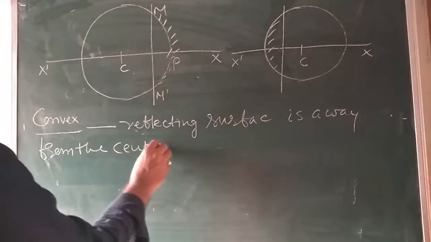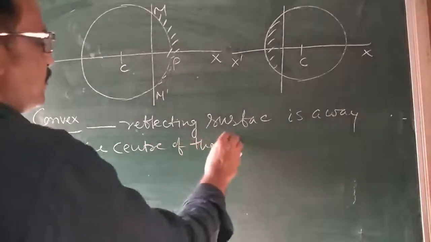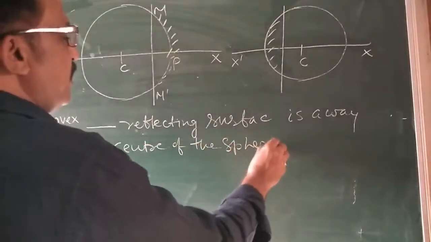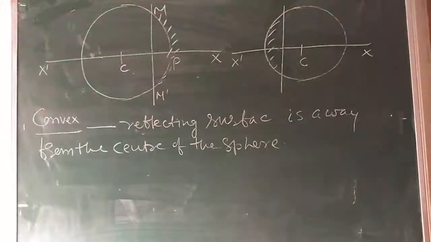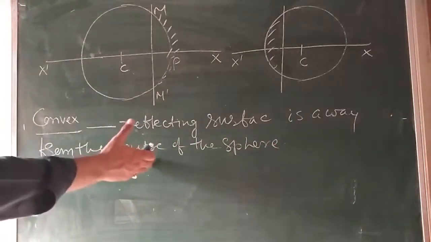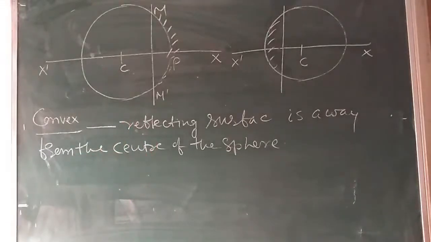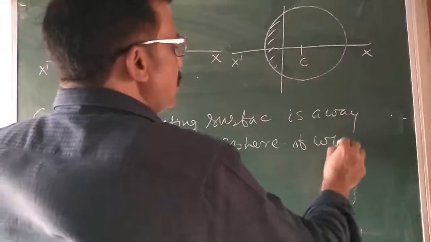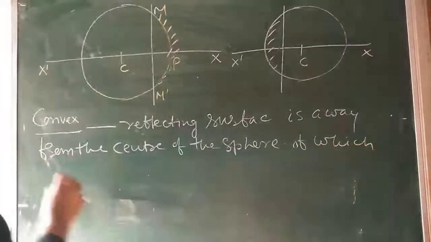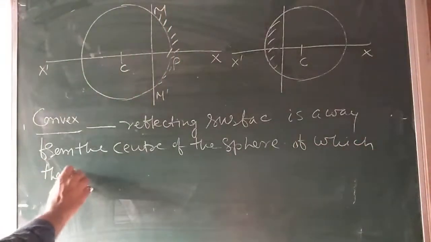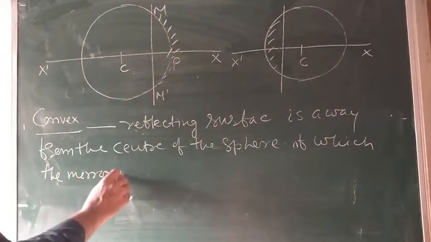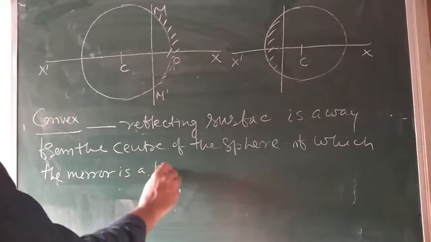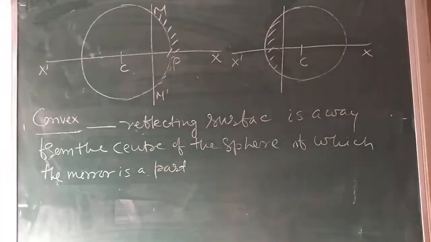Is it clear? So write down this definition. Concave and convex. It is away from the center of the sphere of which the mirror is a part. Is it clear? So write down.